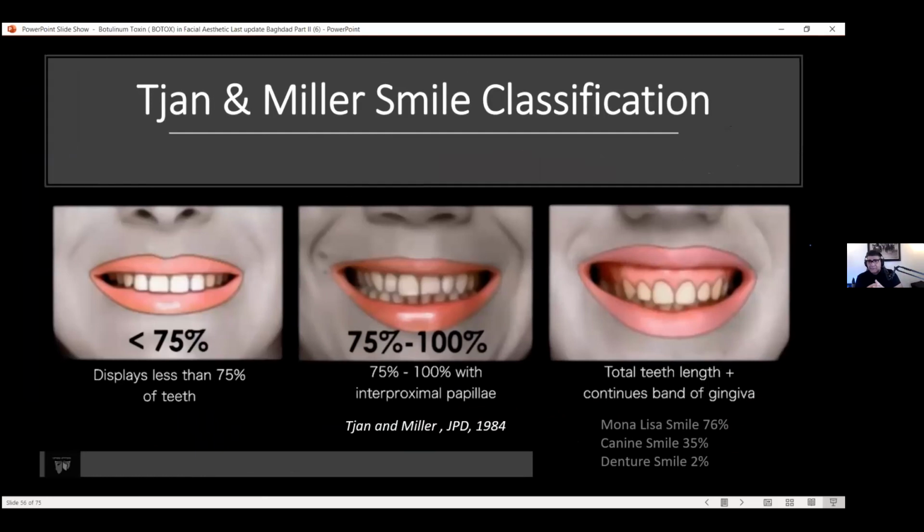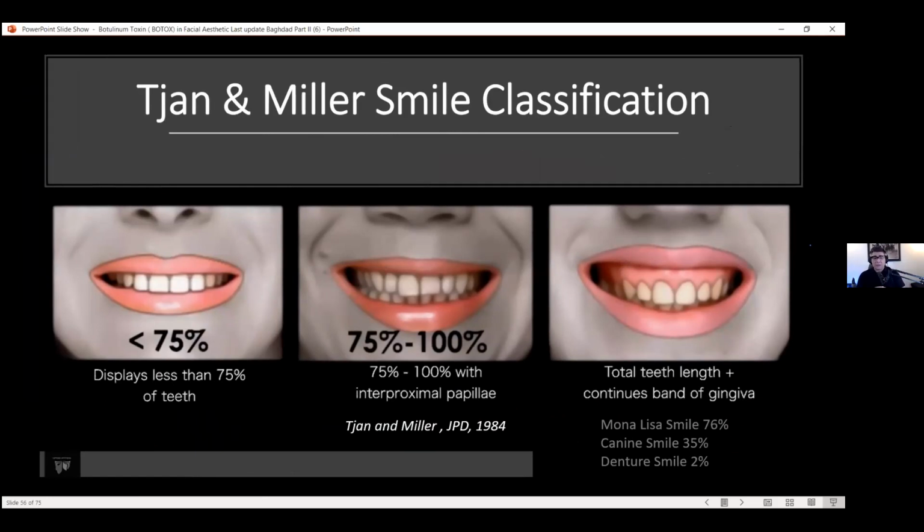All these criteria of my management, all these factors, all these classifications, are summarized by T.J. Miller, which is a very famous classification of gummy smile.